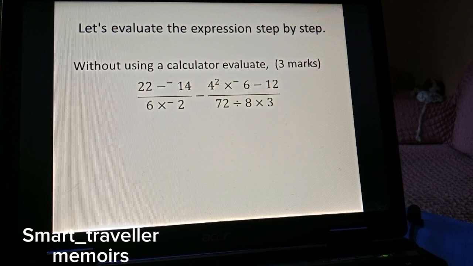Without using a calculator, evaluate, you can see the expression there: 22 minus negative 14 over 6 minus 2, over 6 times minus 2, minus 4 squared times negative 6 minus 12, over 72 divided by 8 times 6. Let's see how we tackle that equation following the rules.